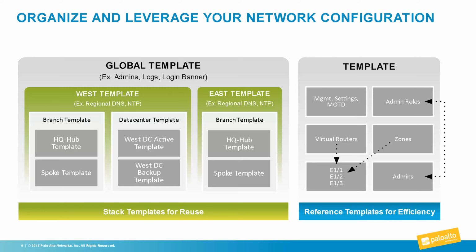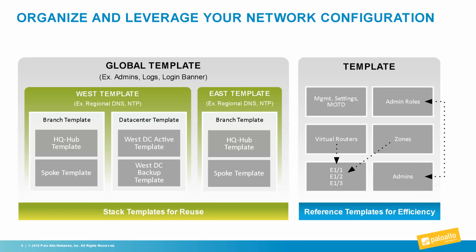We'll talk about that a bit more in a moment, but effectively what we have is a single template that has variabilized interfaces, variabilized next hop routes, these items, and we can push that down to many firewalls.